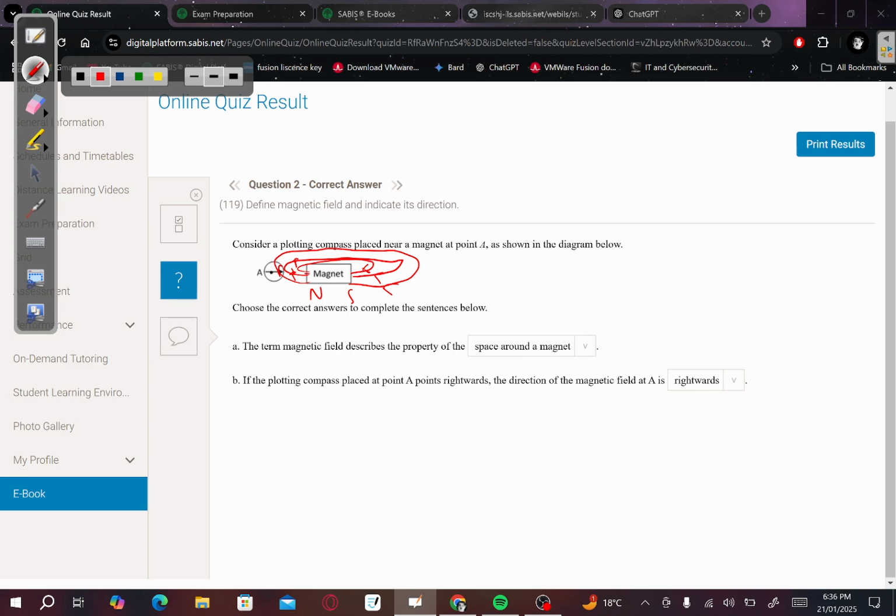Look, it curves to the right, which is why it goes right. I'll show it again in another question, where it's going to be way more clear and easier to understand. But for now, just know that it's going to be pointing rightwards because this is the plotting compass. It plots the magnetic field.